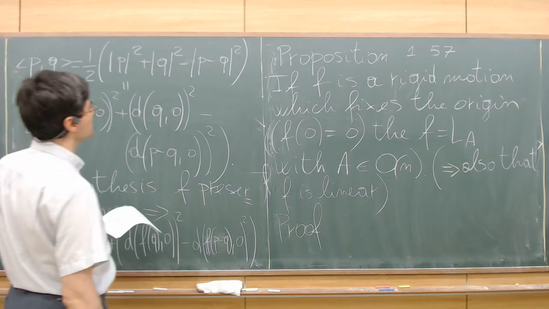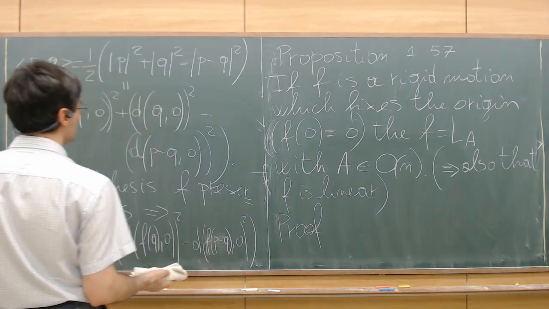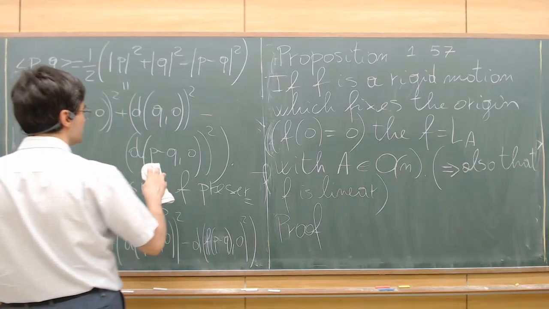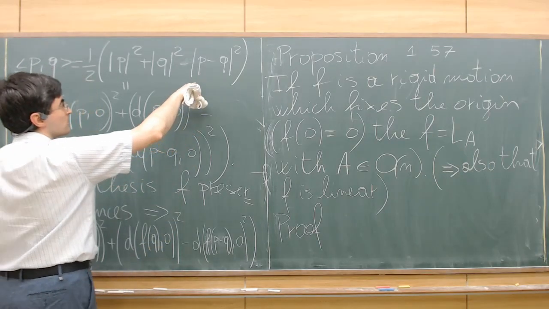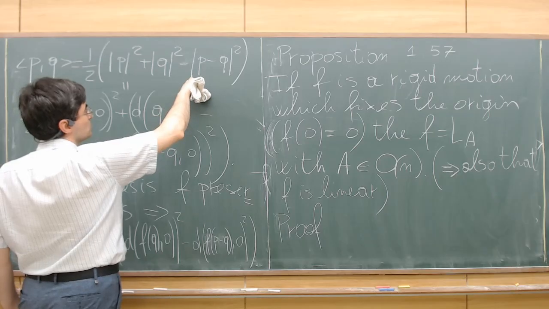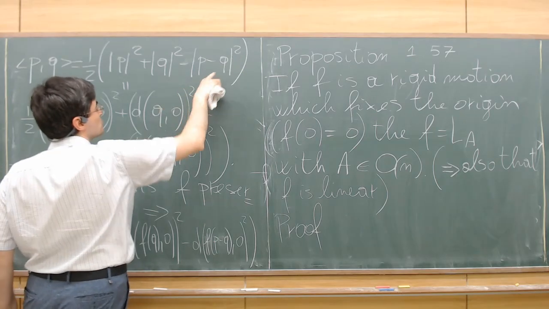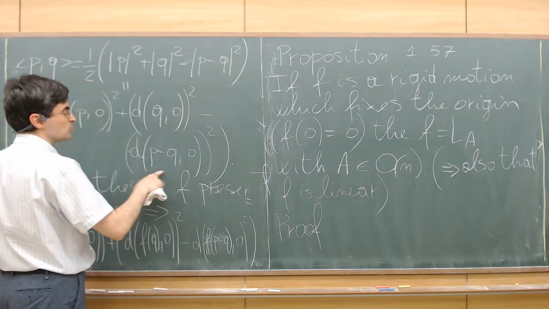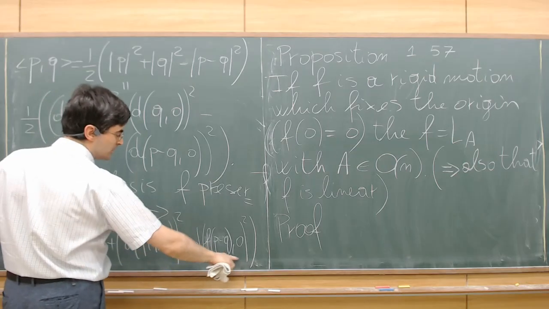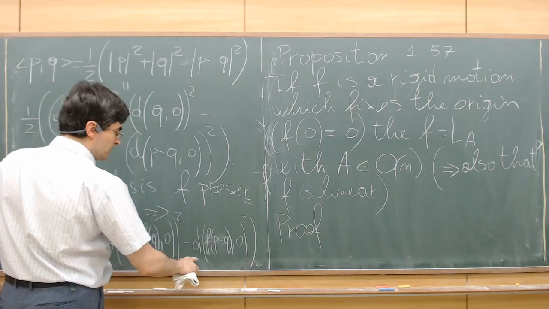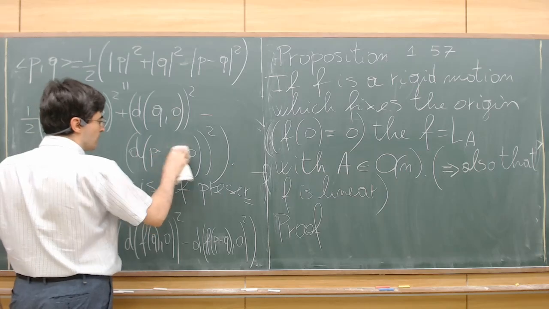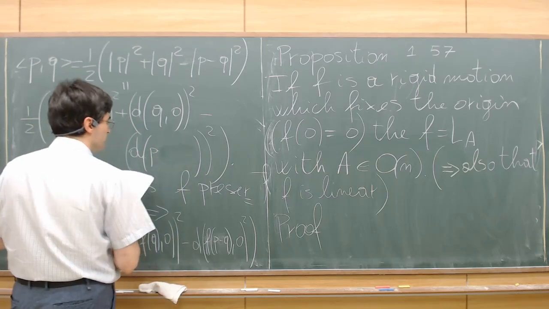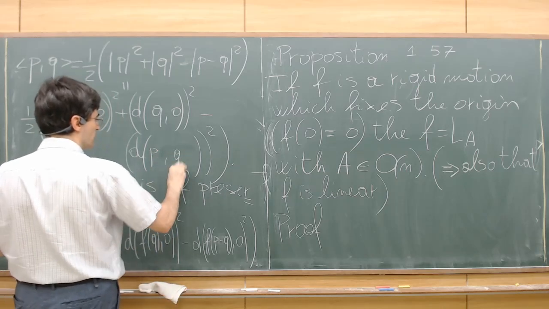Sorry, I wrote something which is not correct. I can write the length squared of P minus Q also this way, but in order to prove my result, it's more convenient to write it this way.